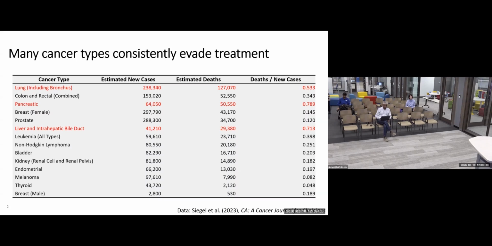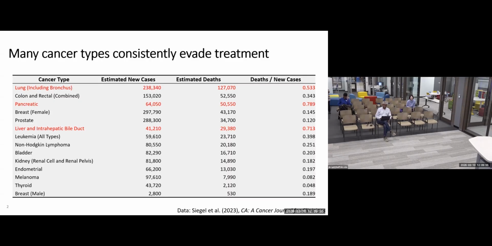And what I would really like to point out is some of these disparities. While some cancers are still considered relatively treatable, for example, melanoma, this ratio of deaths to new cases per year is less than 0.1, which is still something, but much better than we're doing in a lot of different cancer types.